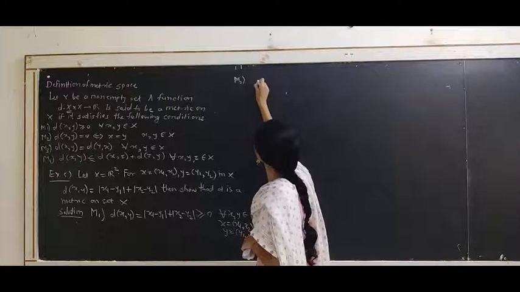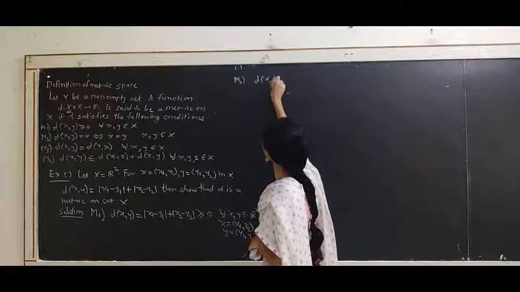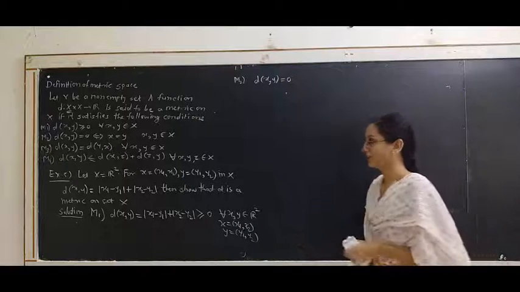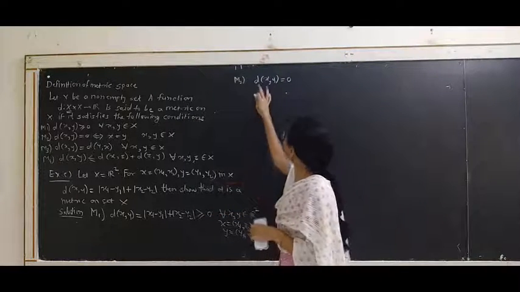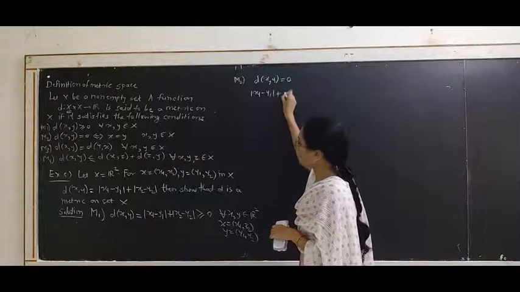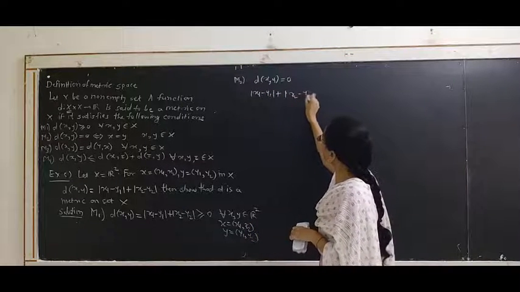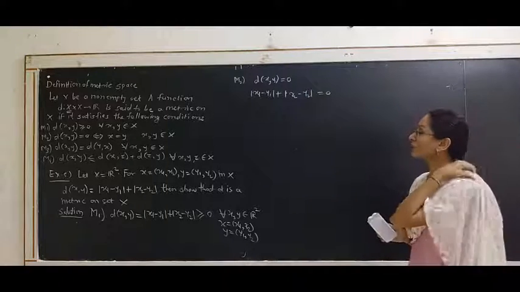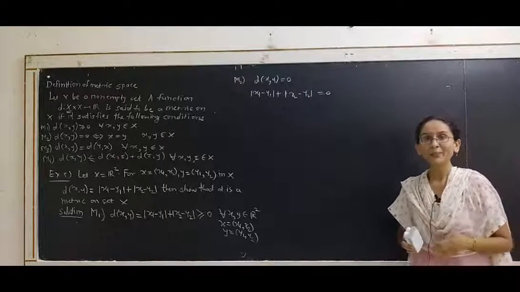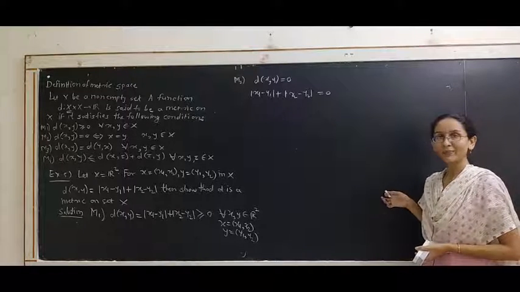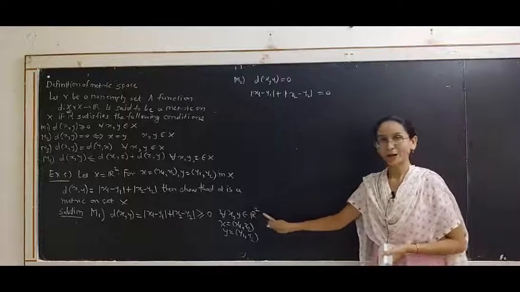M2. Suppose D of xy is equal to 0. By given definition, this D of xy is mod of x1 minus y1 plus mod of x2 minus y2 is equal to 0. The addition of two non-negative numbers is equal to 0. x1, x2, y1, y2 are real numbers because x, y belong to R2.